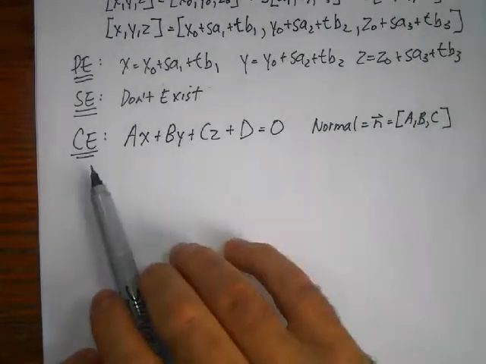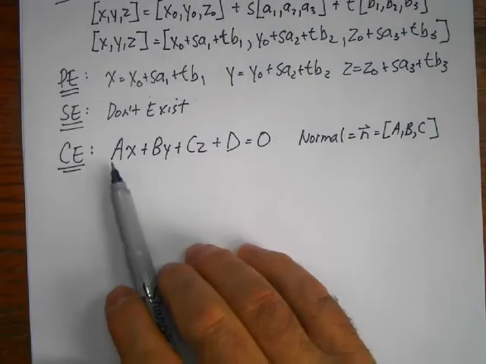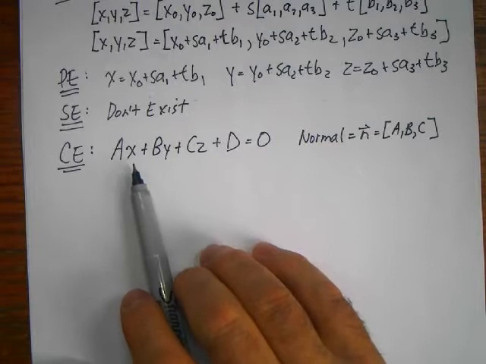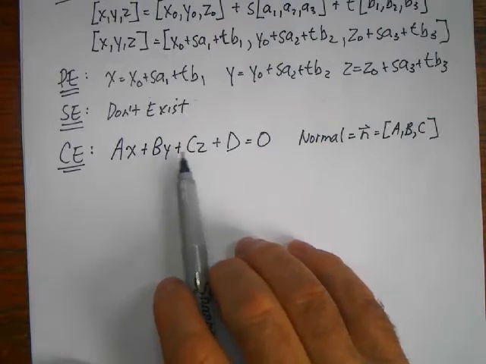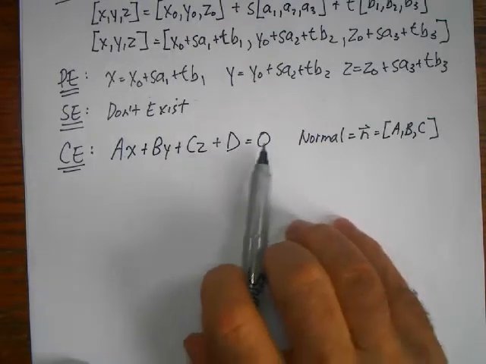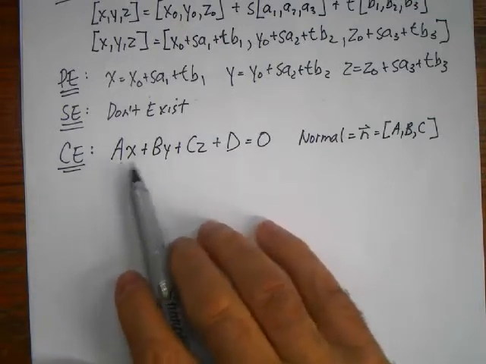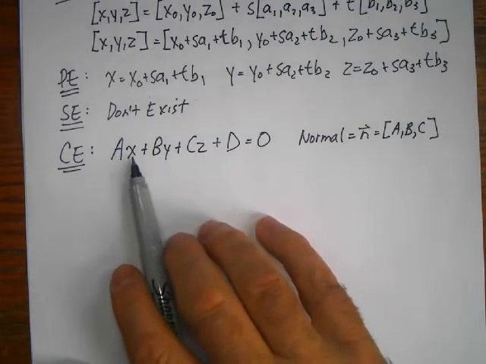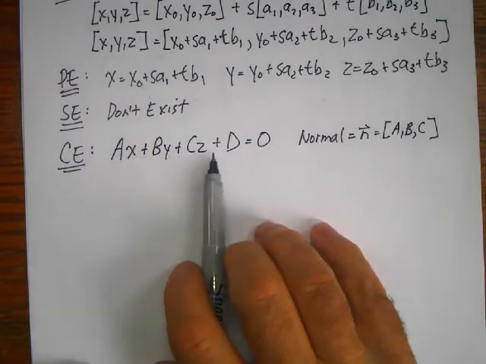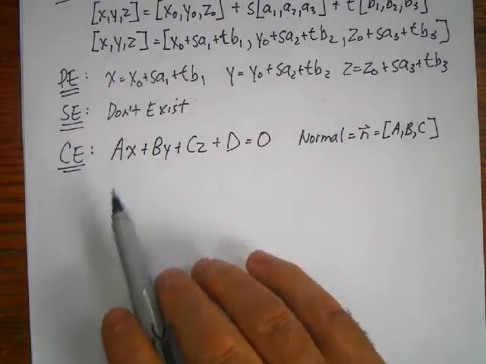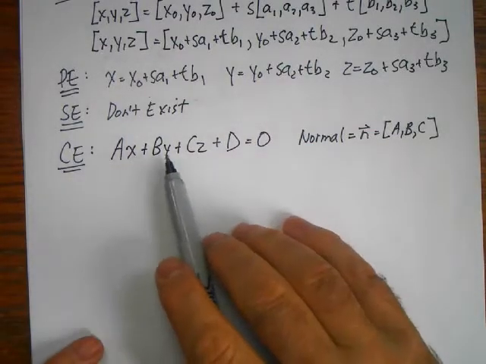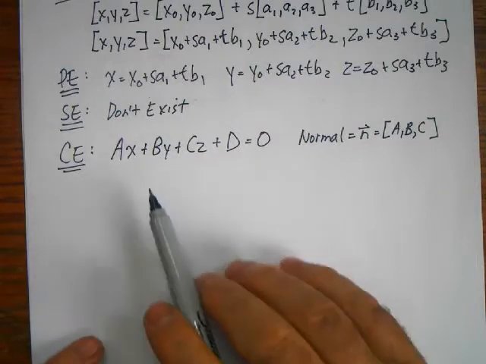And here's the Cartesian equation. You can tell it's an R3 because it's got an x, y, z. Now none of these are vectors. These are just scalars and variables here. Okay, so you can tell it's R3 because it's got x, y, and z.